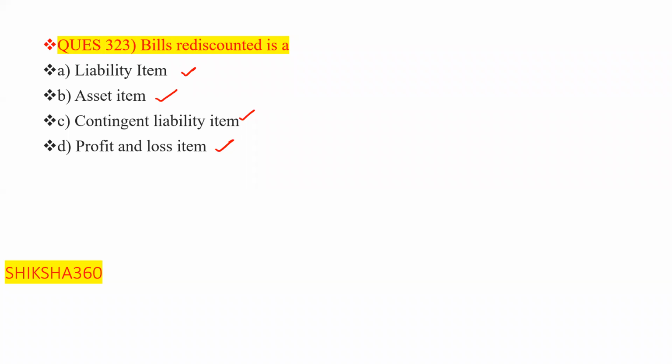Please tell fast what the correct answer is. Bills purchased and discounted come under the asset item, under advances. So the correct answer is option B.